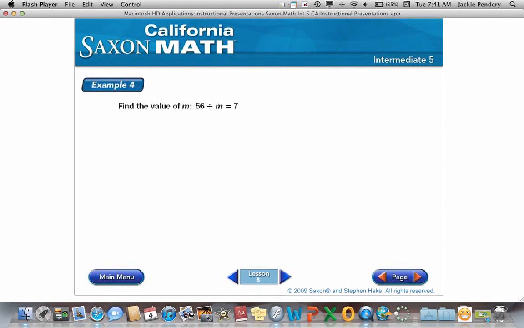Okay, example 4, find the value of m. 56 divided by m equals 7. Can turn that around: 56 divided by 7 equals m.